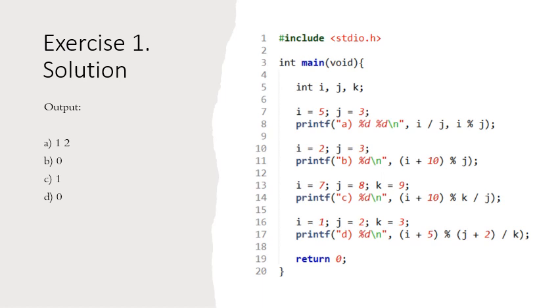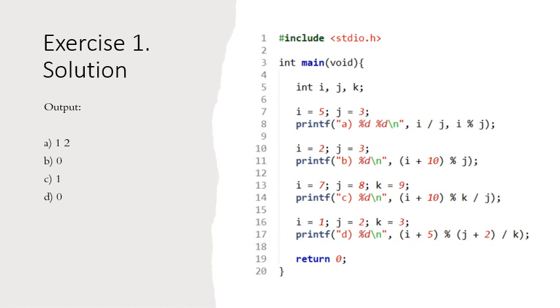And then in line 16, assuming we have a value of I equals 1, j equals 2, and k equals 3, your I plus 5, which is grouped in parentheses, and your j plus 2, which is grouped in parentheses, will have the highest precedence. So you evaluate this first. Your I plus 5 is equal to 6, because your I has a value of 1. And your j is 2, so 2 plus 2 is 4.